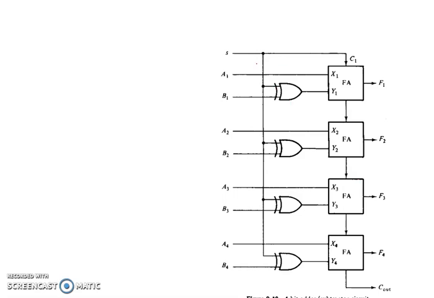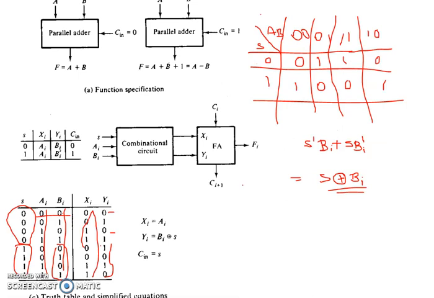So in this, the Boolean functions will be like yi is equal to bi exclusive OR s, that is the input of yi, and if you take the input of xi, it will be the same as that of ai, and Cin will be equal to s, which means that if s is equal to 0, then Cin will also be equal to 0.